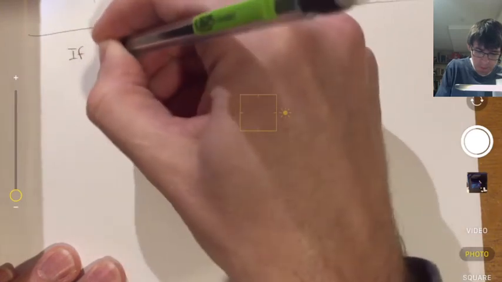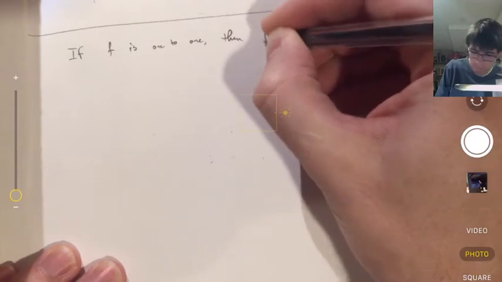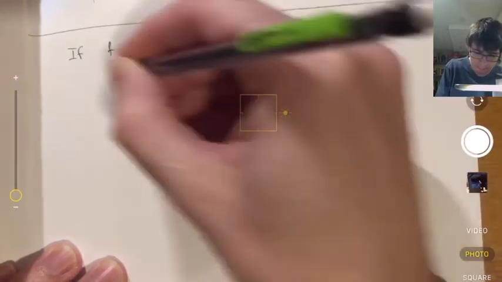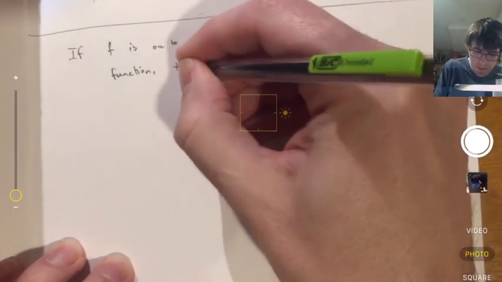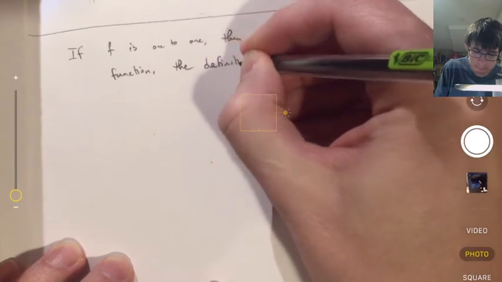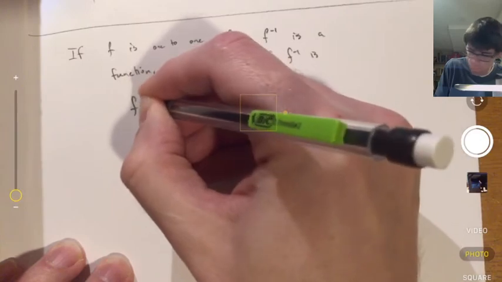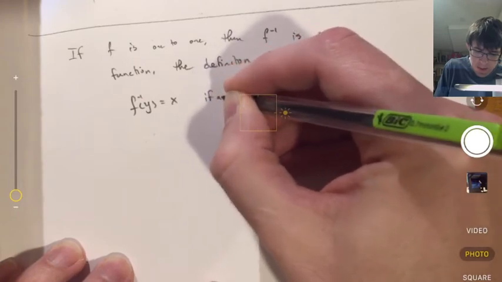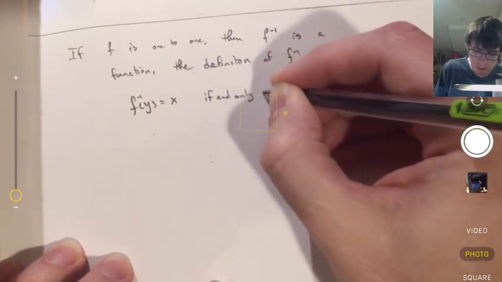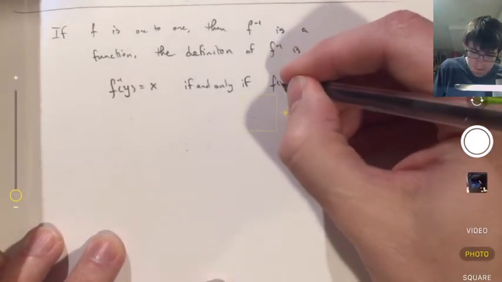If f is one-to-one, then that means f inverse is a function, and the definition of f inverse, which I wrote a few minutes ago, I'll use a slightly fancy phrase here: f inverse of y equals x if and only if f of x equals y.